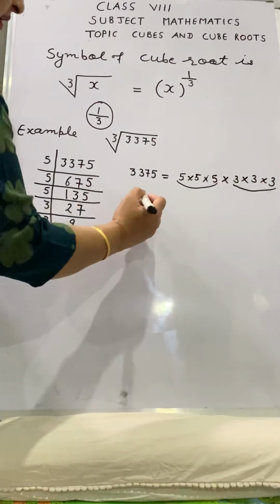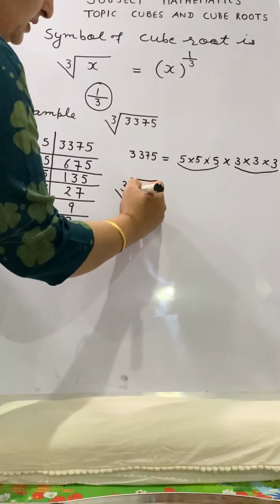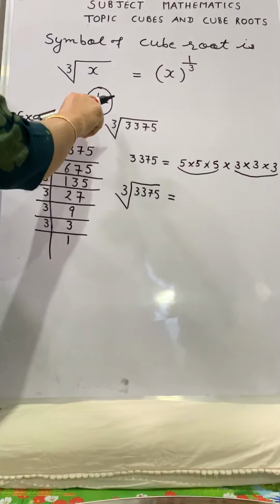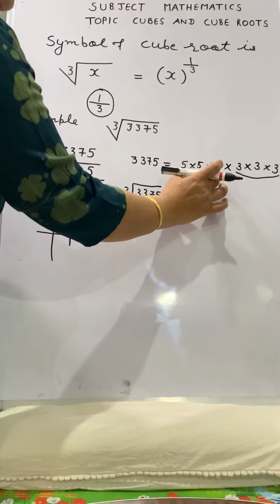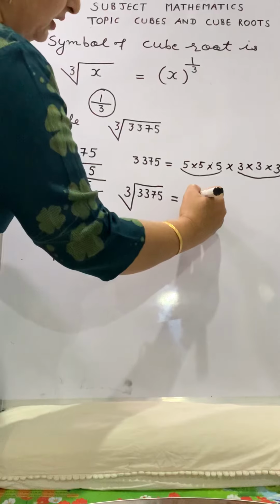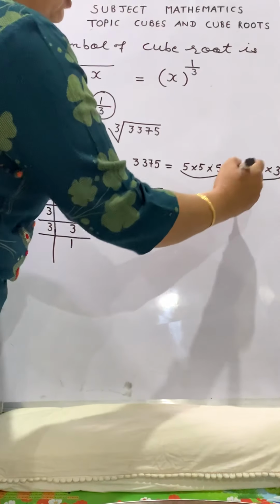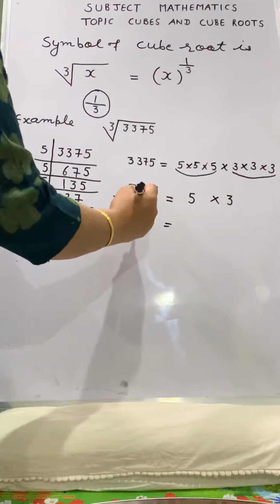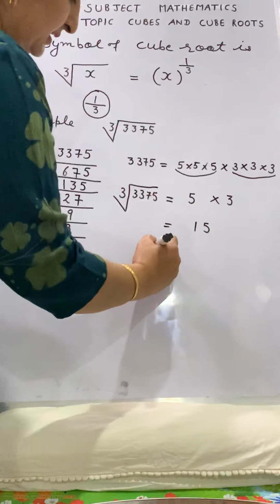When we write the cube root of 3375, we take 1 out of each 3. From the 3 numbers 5 5 5 we take only one 5, and from the triplet of 3s we take only one 3. So the cube root of 3375 is 15. The answer is 15.